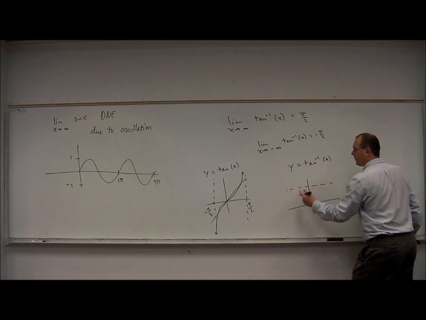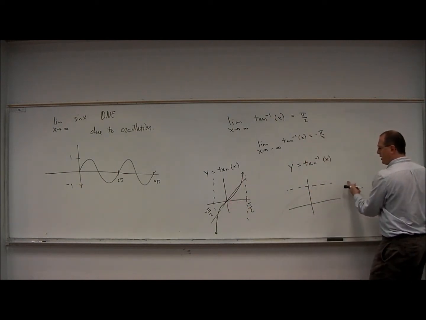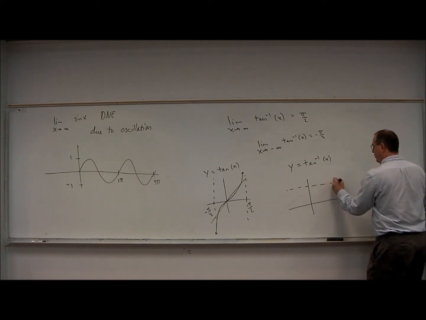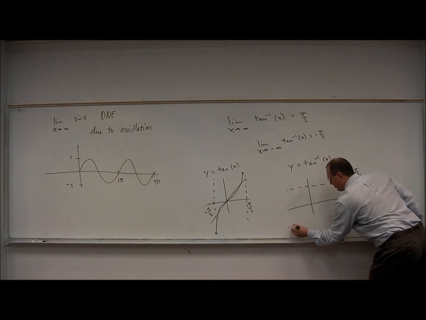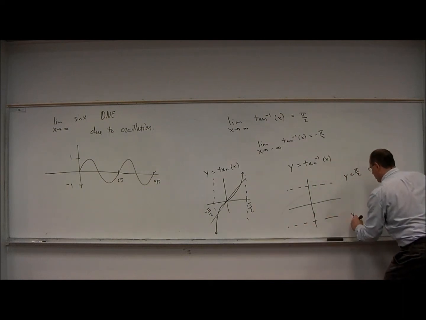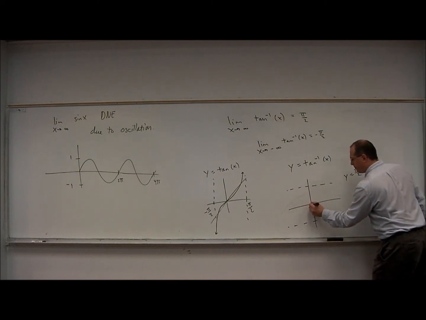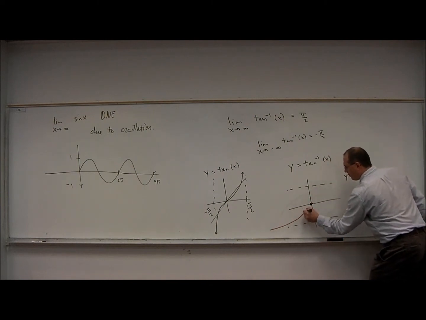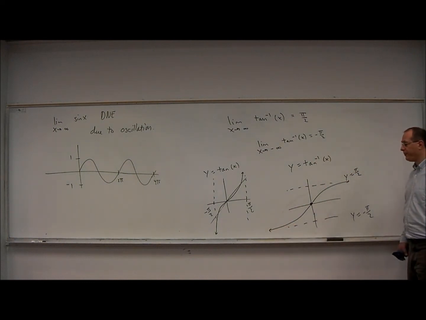So the reflection of a vertical line in the line y equals x will end up being a horizontal line. This will be the line y equals pi over 2, and the other vertical asymptote will be the line y equals negative pi over 2. And the curve, the inverse tangent, will look like this.